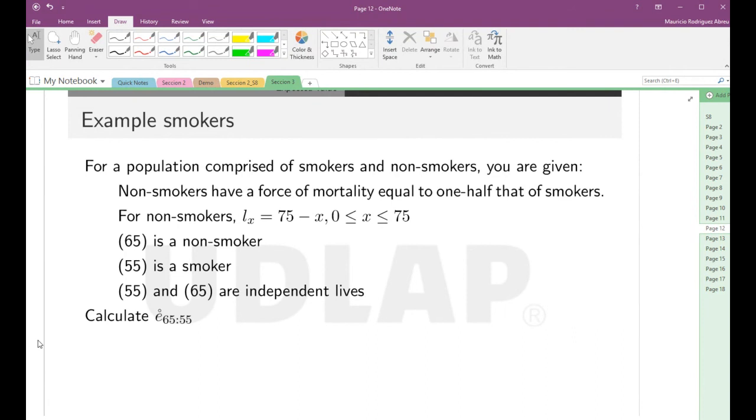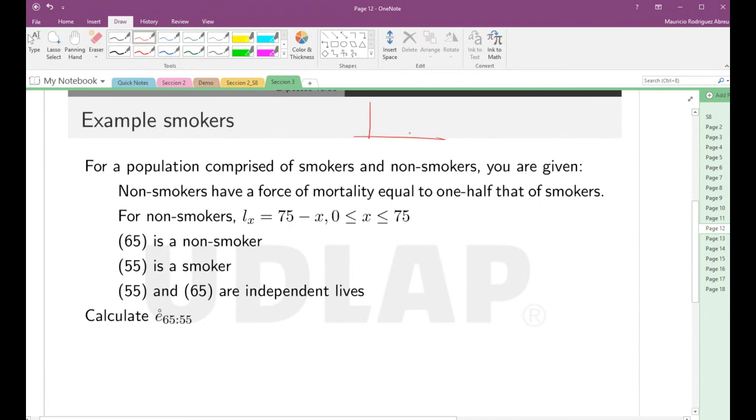Non-smokers have a force of mortality which is equal to 1/2 of the force of mortality of smokers. Okay? And we also have the survival distribution for non-smokers, which essentially is expressed as 75 subtracting the age. Which again, this is a different expression for a demoivred mortality. Okay?